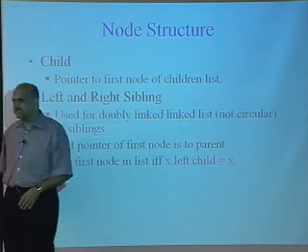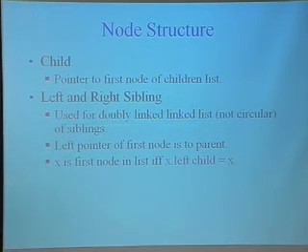If it gets you back to x, then x was the leftmost node. If it doesn't get you back to x, then you were not at the leftmost node. Okay. So you don't really need to have a null pointer in the left field of the leftmost node to tell that you're at the leftmost node. Okay. All right, so we're going to use the left pointer in the leftmost node really as a surrogate parent pointer.